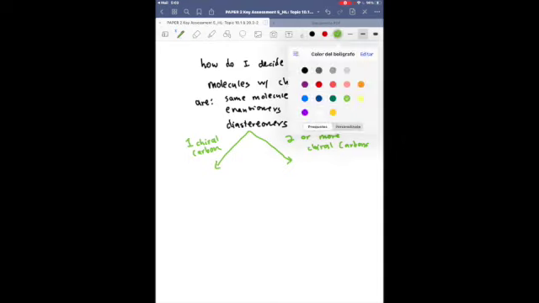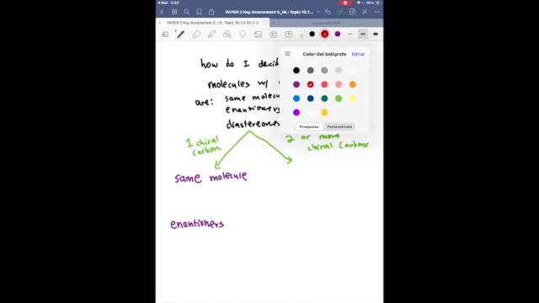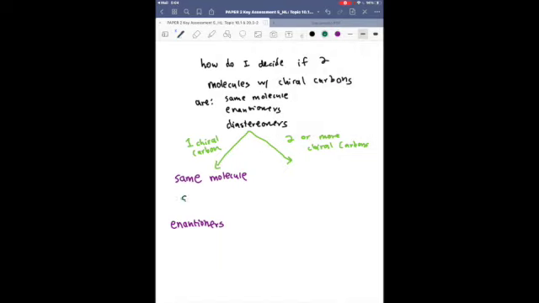If there's one chiral carbon, you have two options: same molecule or enantiomers. Well, we know it's the same molecule if it's superimposable. So if it's not superimposable, it must be an enantiomer.